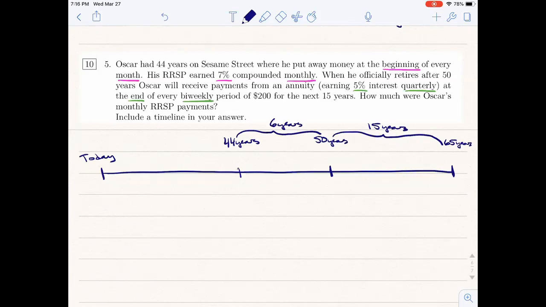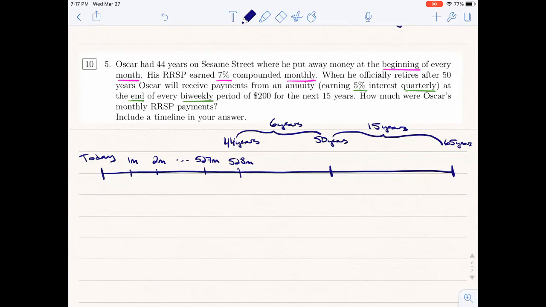All right. So for the first chunk, from today until 44 years from today, he's going to be putting away payments at the beginning of every month, right? So we've got 1 month, 2 months, and then we need to find, okay, well, 44 years times 12 has 528 months. The second to last one is 527. We don't know what these payments are.